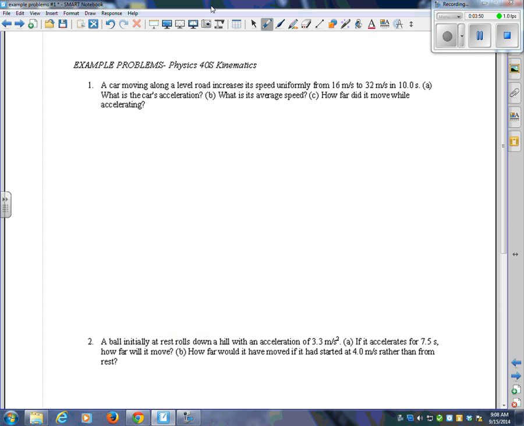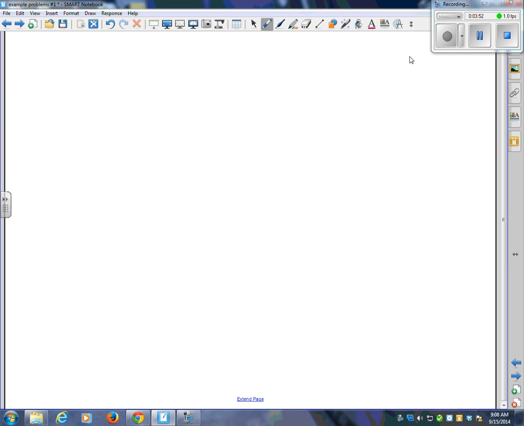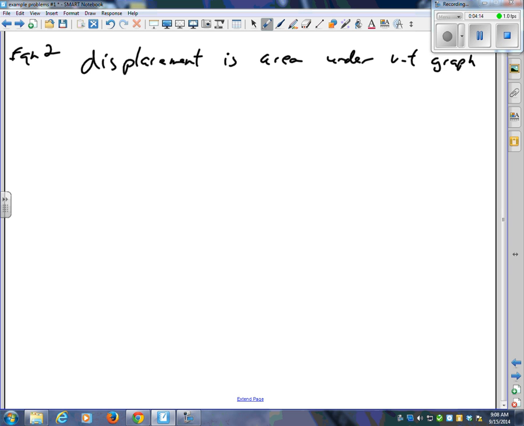Oh, need a black page. Equation number 2. Displacement is the area under the v-t graph.